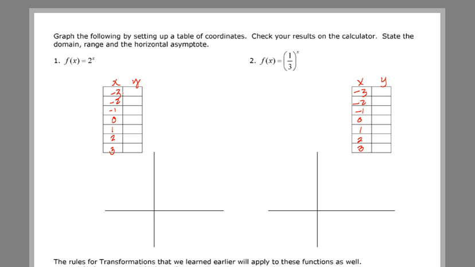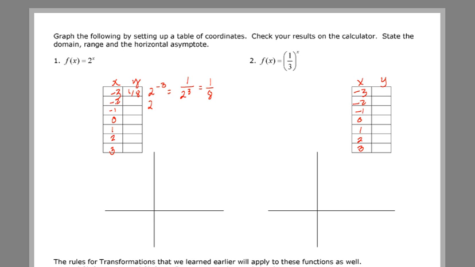If I plug in -3 for x, I get 2 to the -3. You've got to remember how negative exponents work: you take the reciprocal to make a negative exponent positive. So that's 1 over 2 to the positive 3 power, which is 1 over 8. So negative exponents, we take reciprocals.